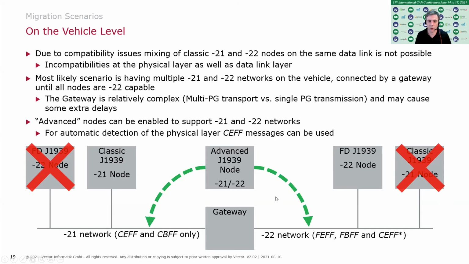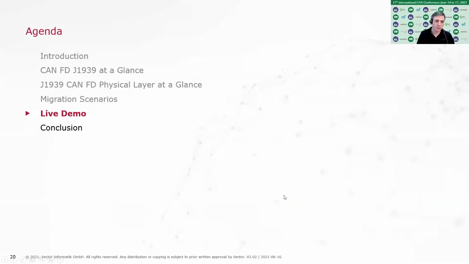This is a pretty good migration scenario. Use a gateway for the existing ones, and then step up with FD nodes. And once in a while, you can migrate from the classic, probably by improving either the hardware and software, and move them over time to the CAN FD network.